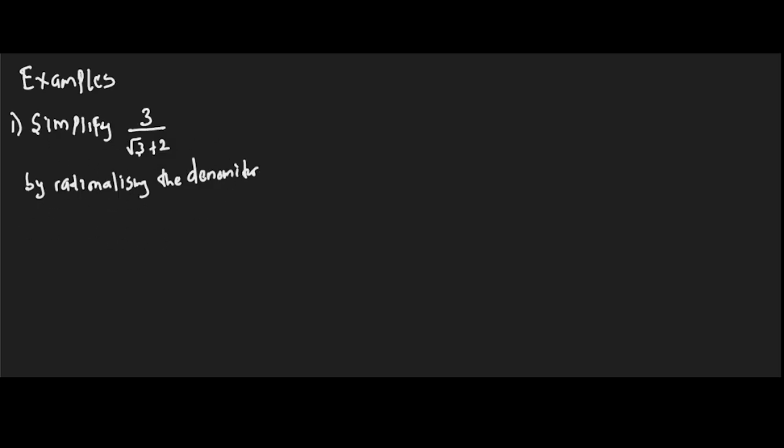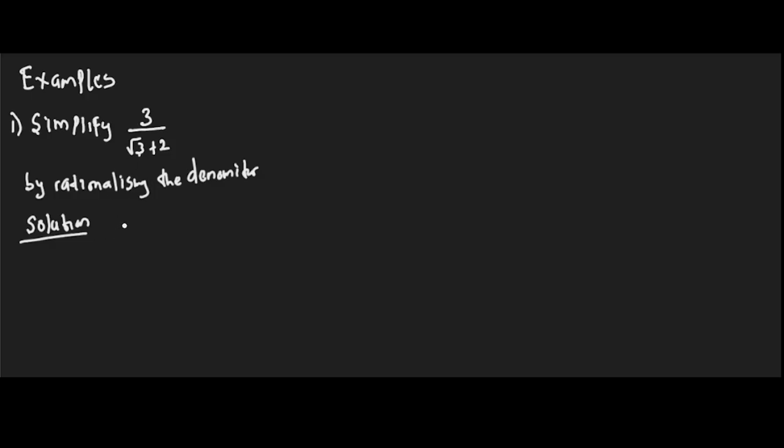Now, in this question, we're told to simplify by rationalizing the denominator. When we check the denominator here, you see that what we have is a binomial surd.